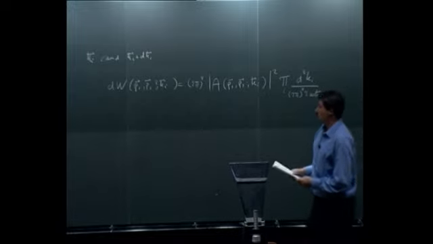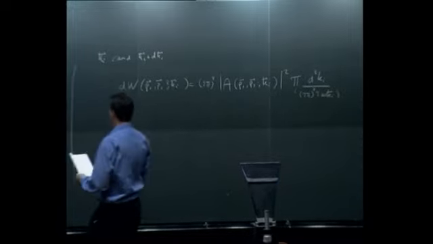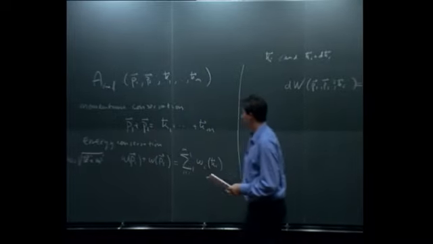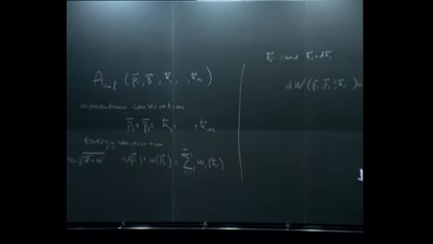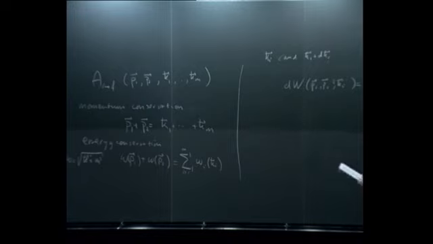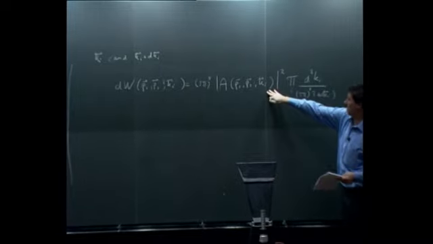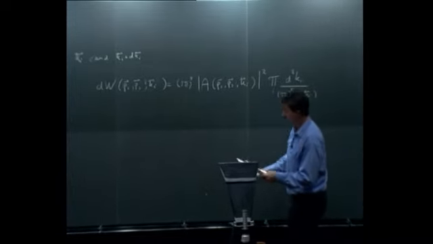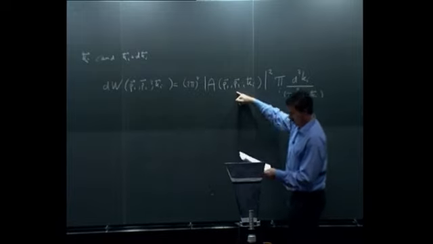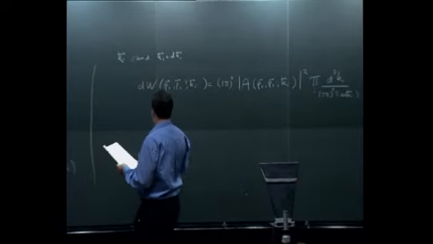Implicitly in this expression are delta functions that impose momentum conservation and energy conservation. To make it explicit, you can also write down Feynman rules for these diagrams which don't involve delta functions. But I can write down an explicit way in which the delta function is imposed.